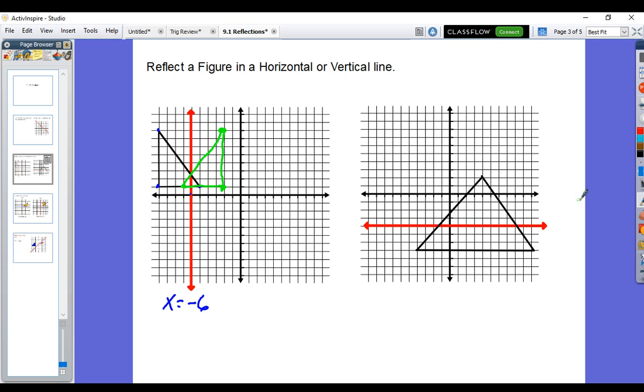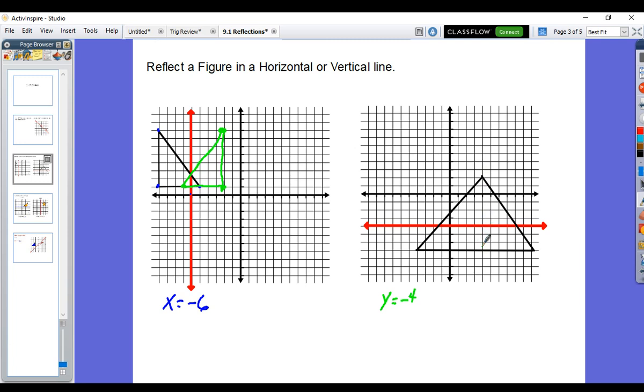Now let's look at a horizontal one. So this is at -4. So we're reflecting over the y equals -4 horizontal line. Same thing right here. We're going to reflect straight up or down. For example, this point right here is 1, 2, 3, 4, 5, 6 units above the line, so we're going to go 6 units below.